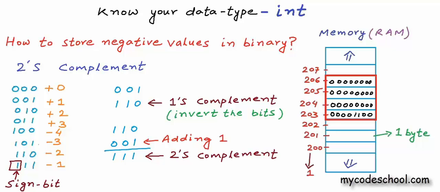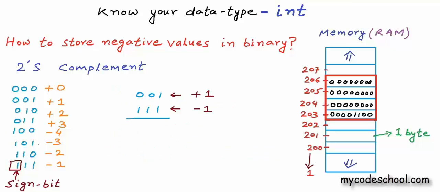And in this encoding mechanism we have only one notation for 0, and what's more interesting is that we can apply rules for normal binary arithmetic. So now if I'm adding 0, 0, 1, which is plus 1, and 1, 1, 1, which is minus 1, let's see what's happening. We'll start at the rightmost position. 1 plus 1 would be 1, 0. 1 will go as carry.